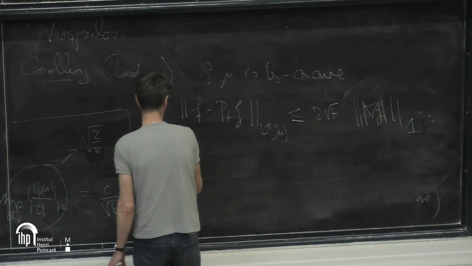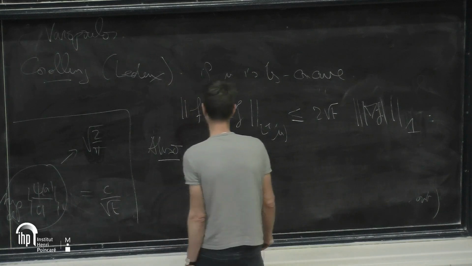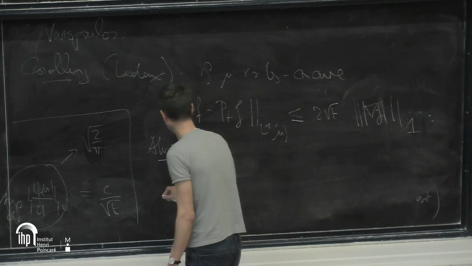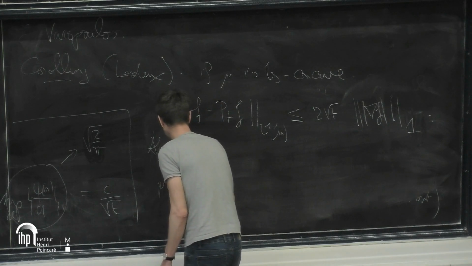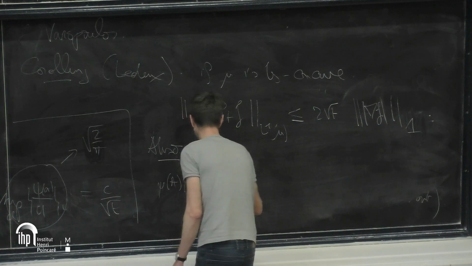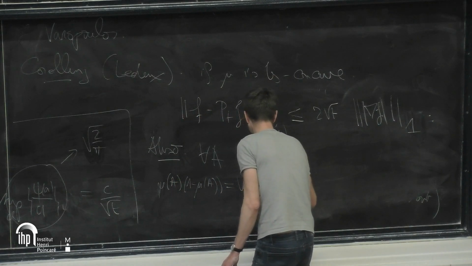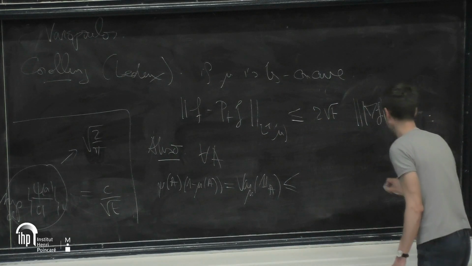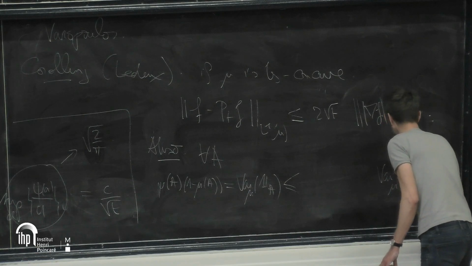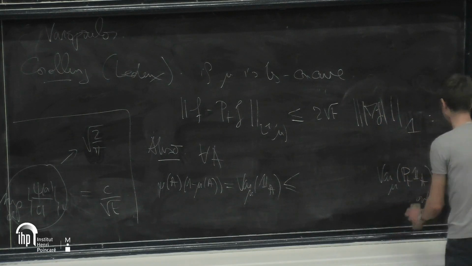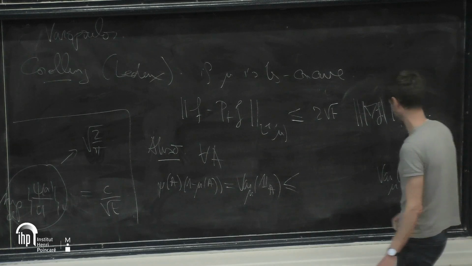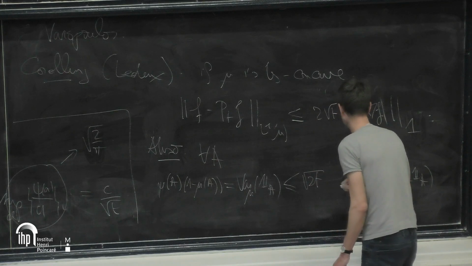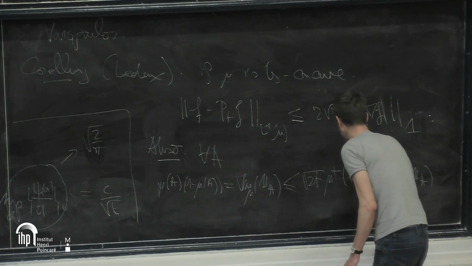And also, for any set A, if you look at mu of A times 1 minus mu of A, which is the variance of the indicator of A, then you can control it by the variance of P_t times the indicator of A, plus a term with square root 2t, I don't remember the constant exactly.